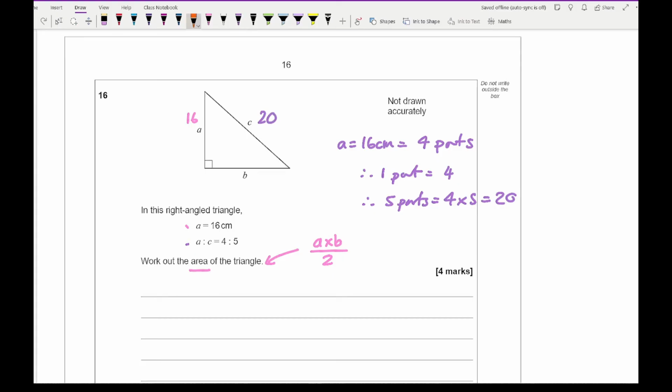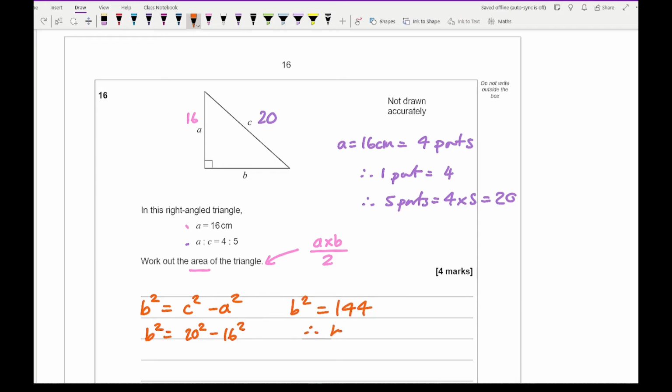Now to work out B, what we need to do is use Pythagoras' theorem. So B squared is equal to C squared minus A squared. So B squared is going to be equal to 20 squared minus 16 squared. And typing that into my calculator, I get an answer of 144. So B squared equals 144.